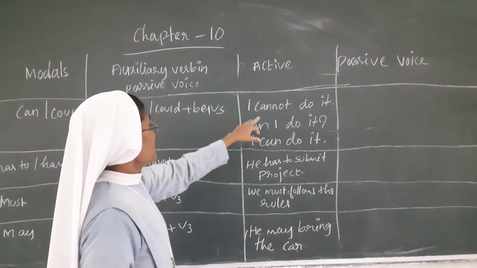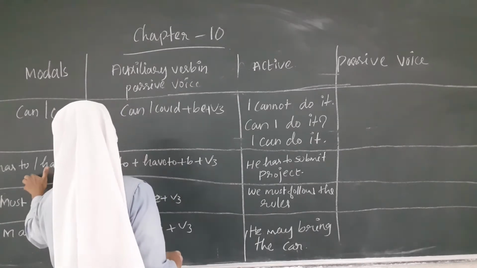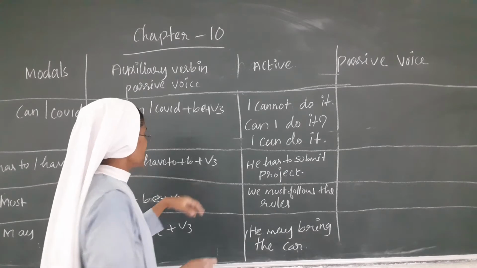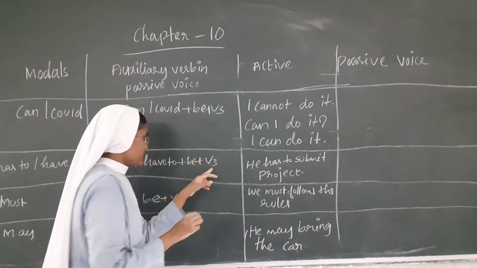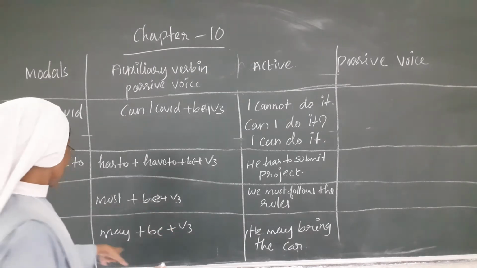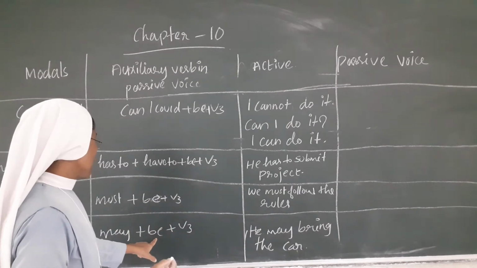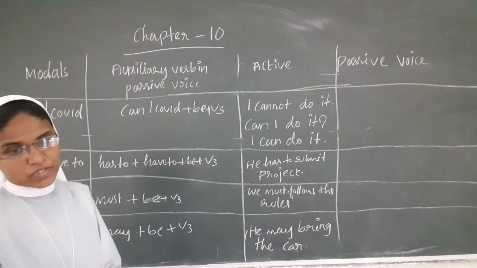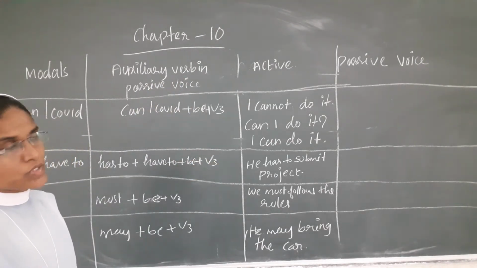The next one, has to, have to: has to plus have to plus be plus verb 3. Must plus be and verb 3. May plus be and verb 3. This is the auxiliary verbs in passive voice.